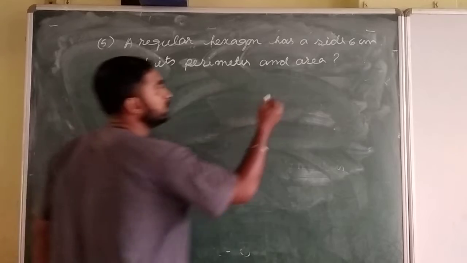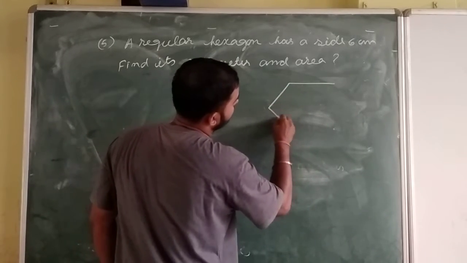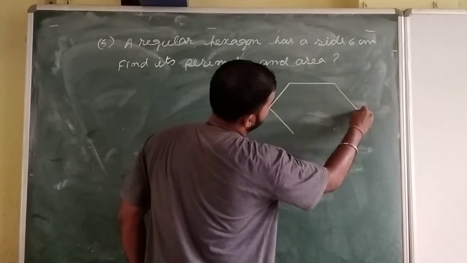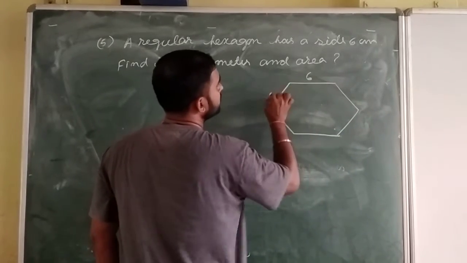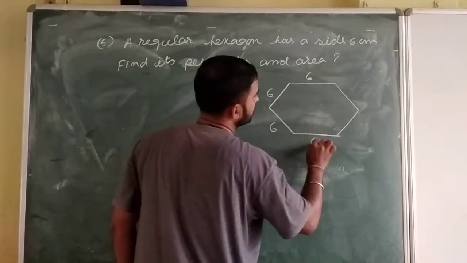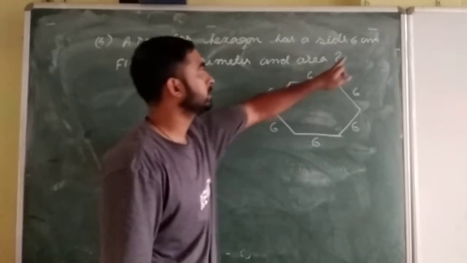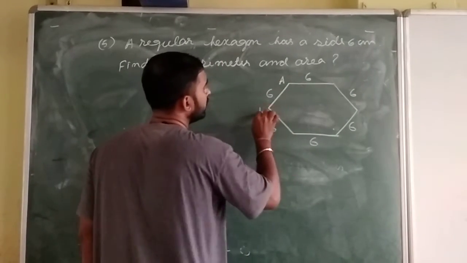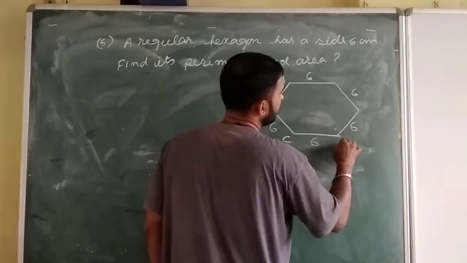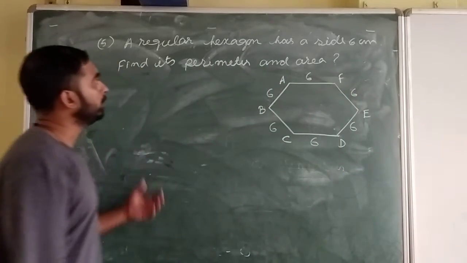So regular hexagon means all the sides are equally measured. This is known as a regular hexagon. Each side is 6, and the unit is centimeter. Now, suppose we name the hexagon A, B, C, D, E, F. Perimeter is simple.